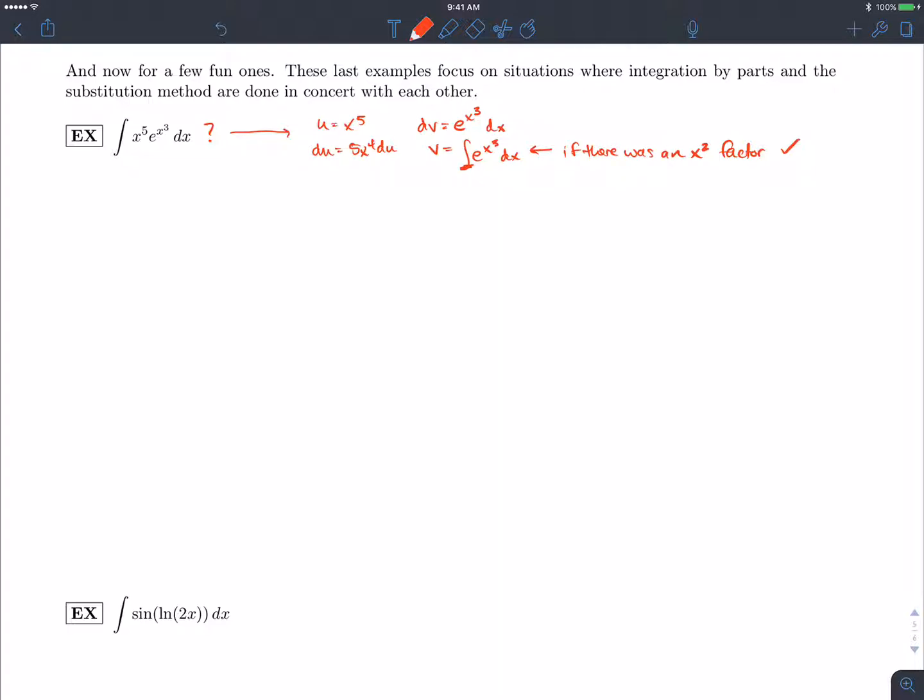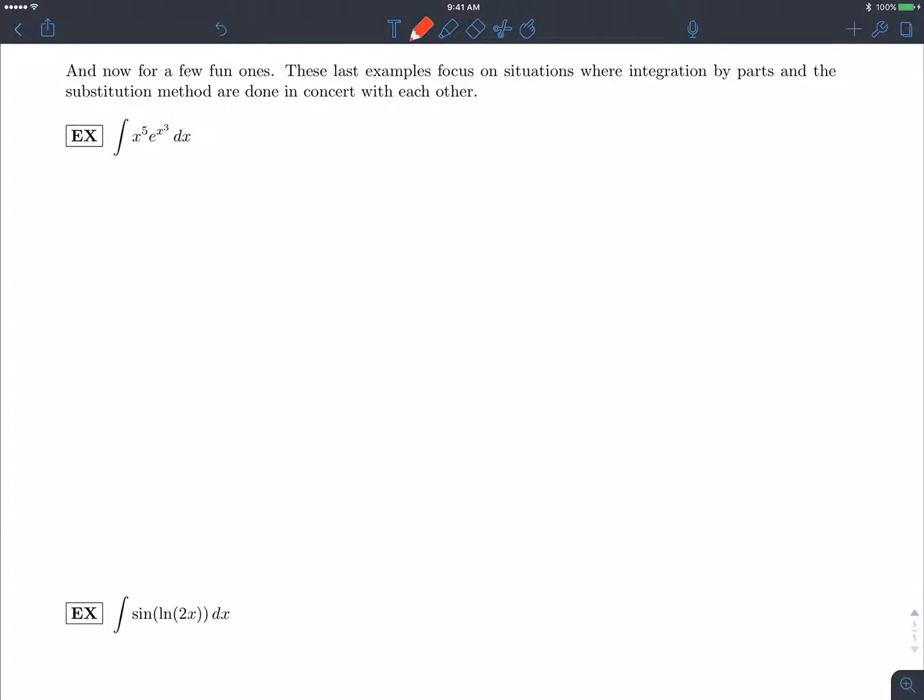So proceeding with this problem hinges on our ability to recognize that we could handle the step of finding v if there was an x squared out in front of this. We could do it by u substitution. All right. So with that in mind, let's scrap this because this didn't work out, and see if we could approach this a different way.